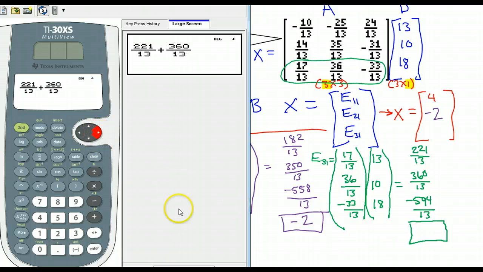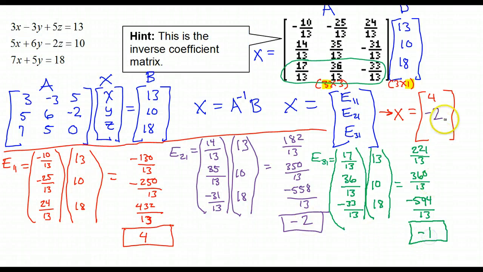Get out of the denominator. Plus negative 594 over 13 equals negative 1.